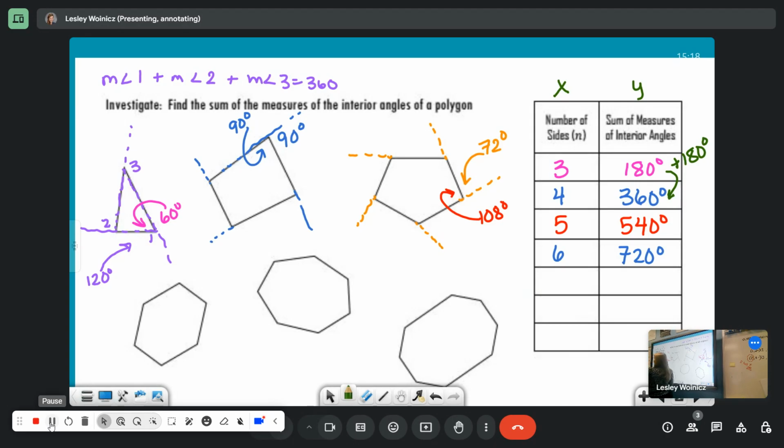Okay, and what's the change in x? Yeah, it's just plus 1. So the run is just 1. Can you tell what the slope is? 180. Okay, so our m is 180.